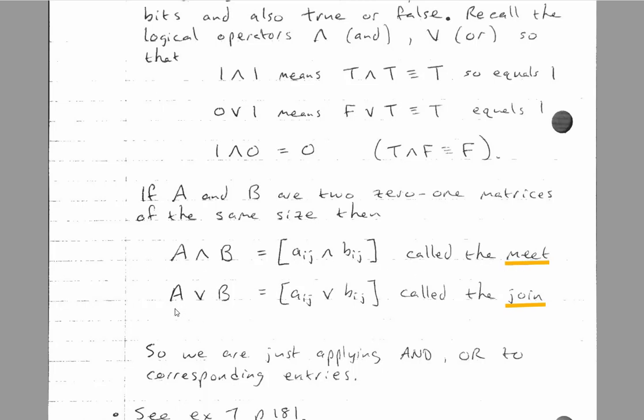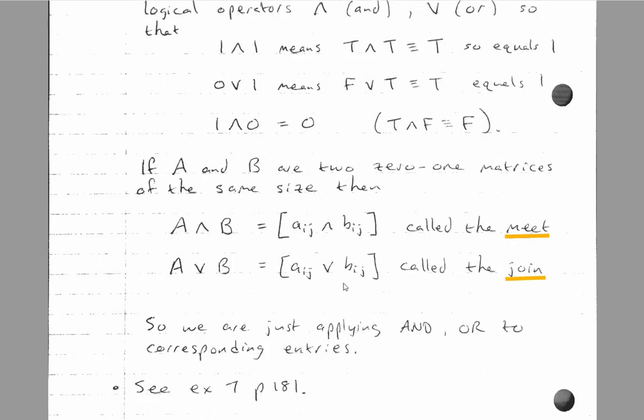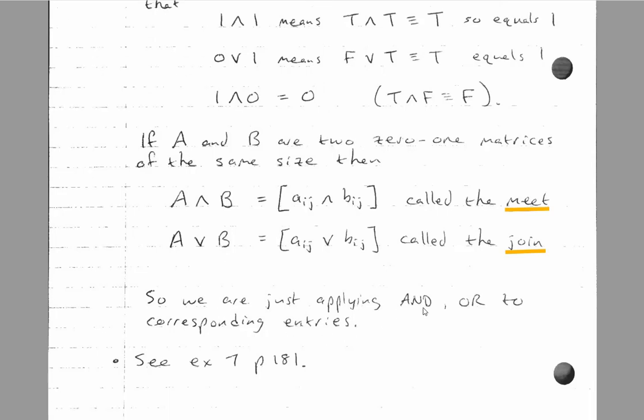The join of two 0-1 matrices uses the OR operation. All we're doing is, instead of adding and subtracting, we're using AND and OR operations on corresponding entries.